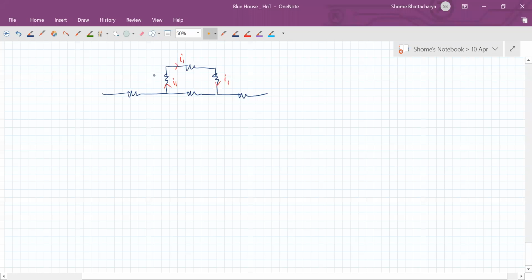So if these resistors are, let's say, R1, R2, and R3, so in this equivalent diagram, these three are in series. You're understanding? They're not in parallel. So this R prime is R1 plus R2 plus R3.